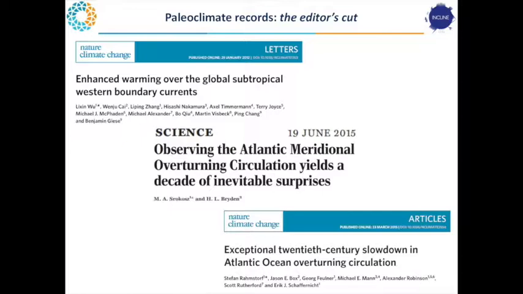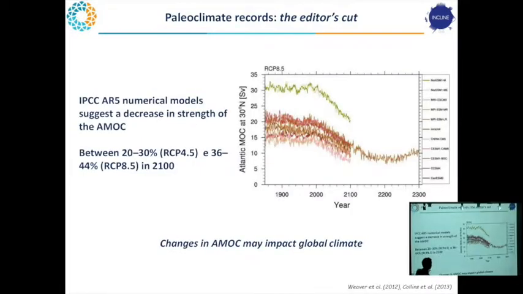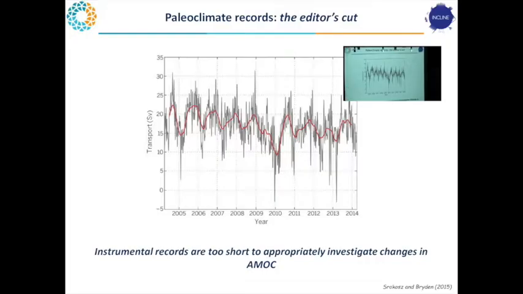And others are already showing an exceptional 20th century slowdown in the Atlantic meridional overturning circulation. That is most probably the manifestation of this already. So these are the inevitable surprises that Srokosz and Bryden showed in 2015 in Science. This is the longest series of monitoring of this circulation in the Atlantic. It only goes back to 2005. 12 years now. Okay?